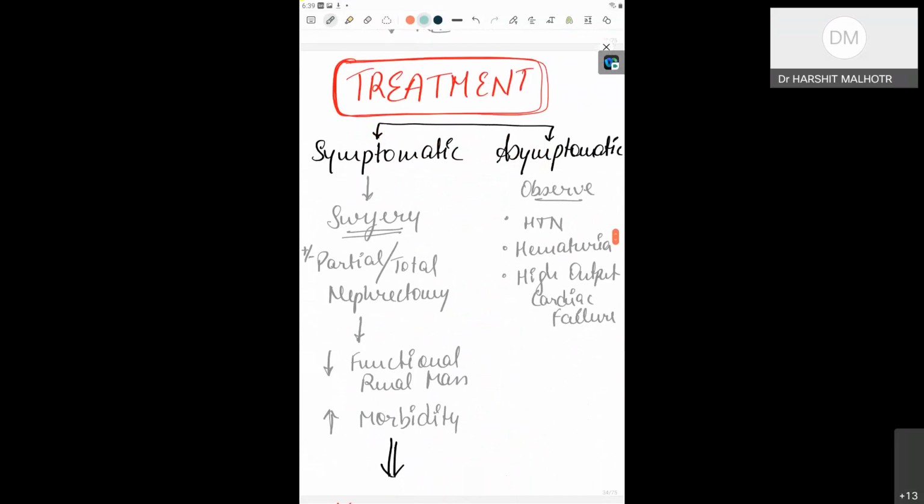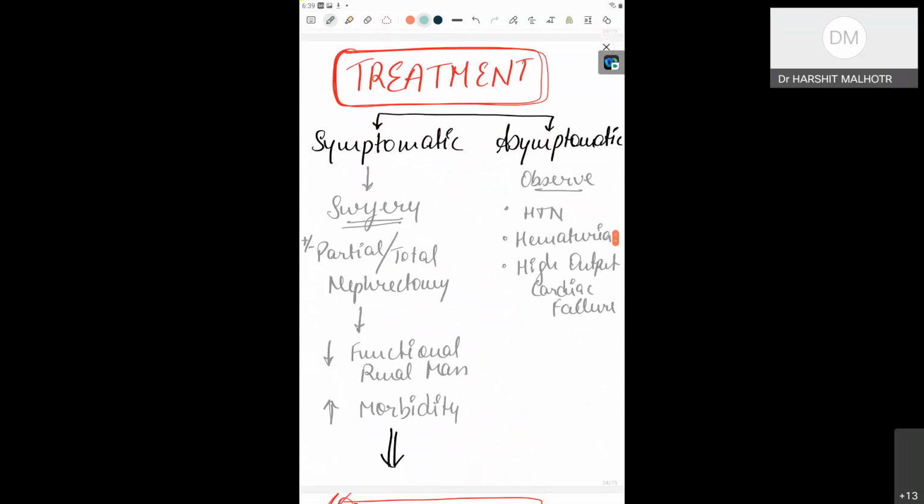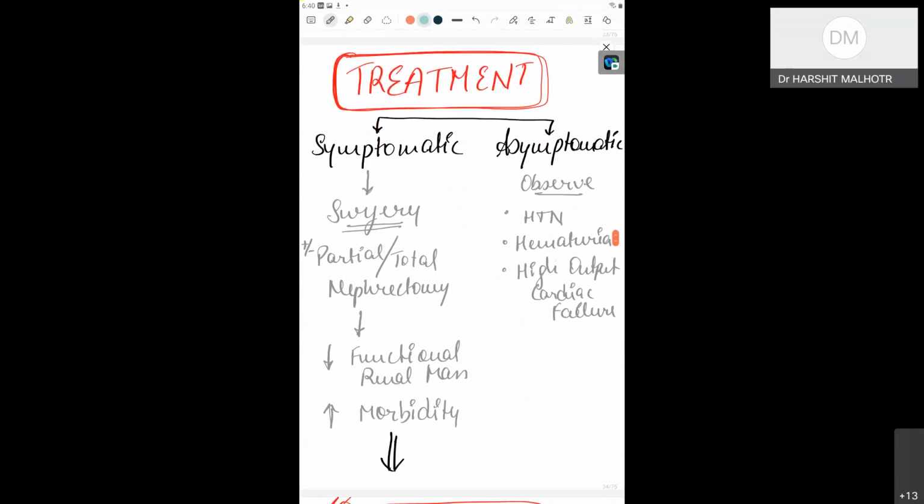Now going to the treatment: in general, for asymptomatic AV malformations, which are the majority, we have to observe them for the development of hypertension, hematuria, or high output cardiac failure. We cannot just leave them. They have to be observed for all these symptoms, and patients need to be educated about these possibilities.